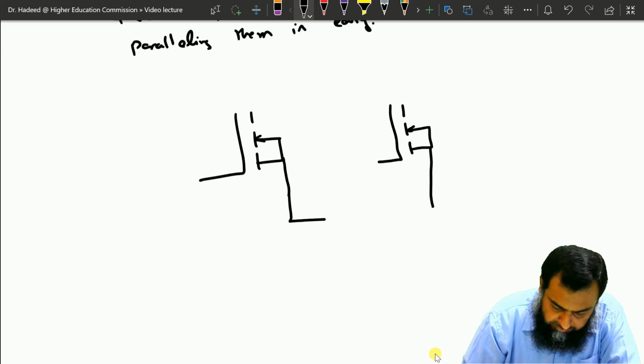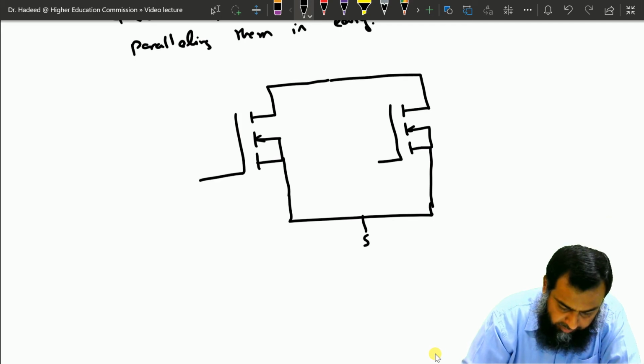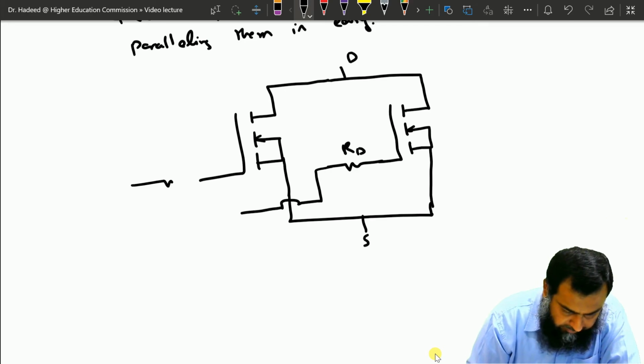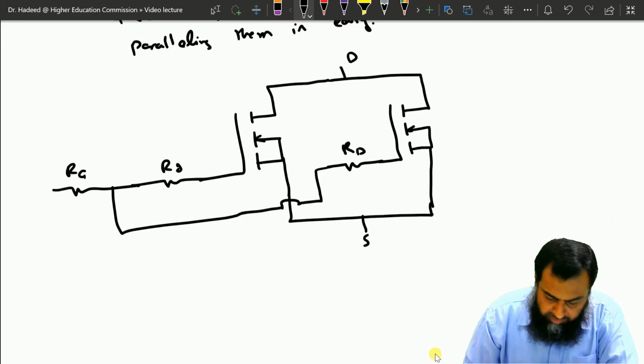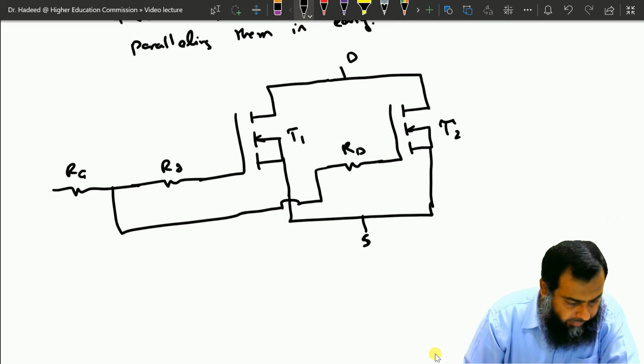Let us say this is the source, and here we have the drain. Suppose this is the RD, and here we have the RD, and this is the RG or the gating resistance, and here we are with this transistor. Let us say this is T2, this is T1.